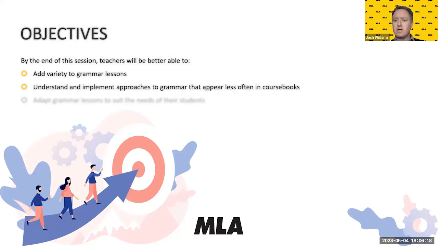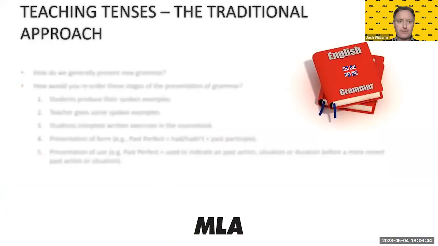I'm not saying we can't use the course books, or can't teach it in the traditional way, but we can see some alternative approaches and particularly adapt grammar lessons to suit the needs of your students. So if your students are more visual learners, if they want to do more role play, more activity, more interactive activities, then we'll have a look at those sort of things today.